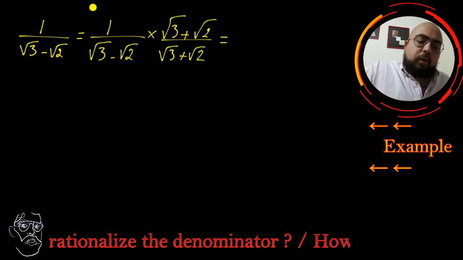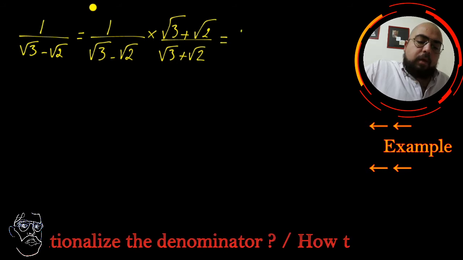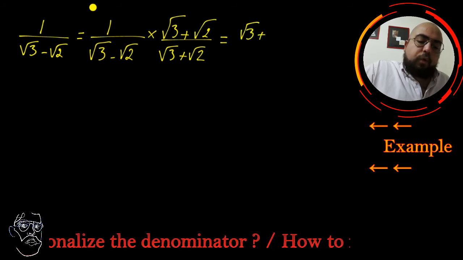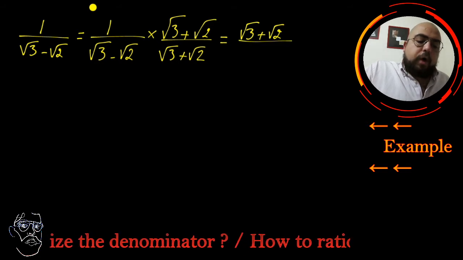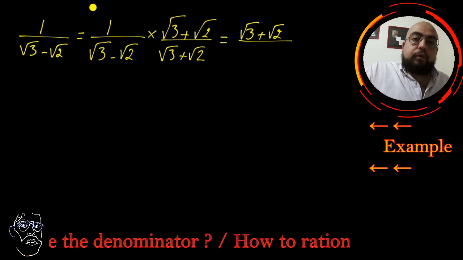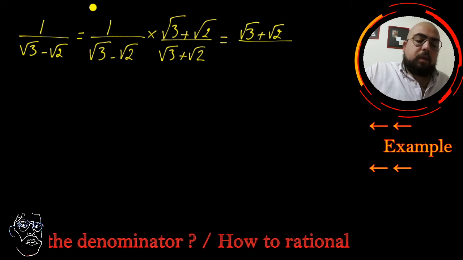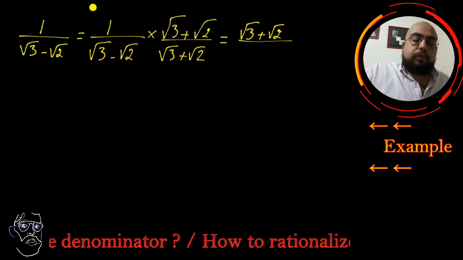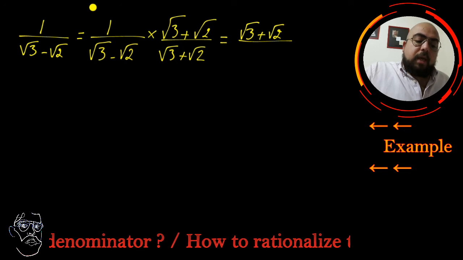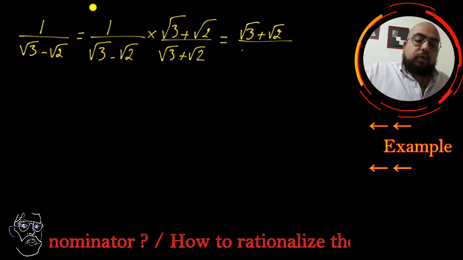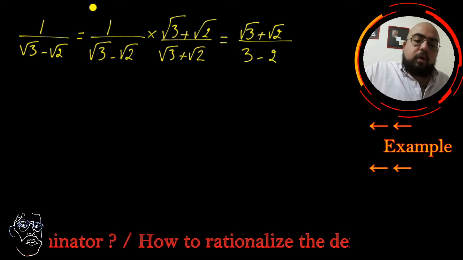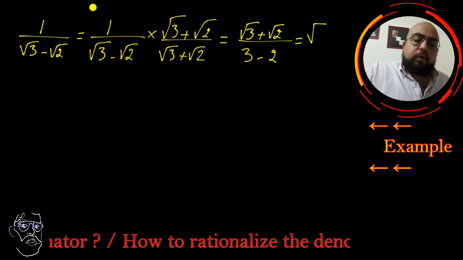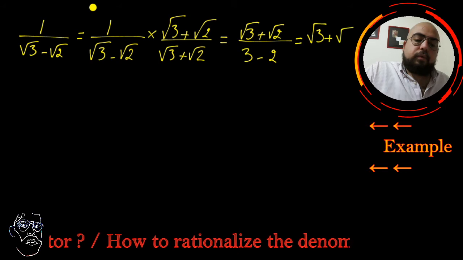At the numerator, I will have square root of 3 plus square root of 2 over square root of 3 minus square root of 2, a minus b, times a plus b, square root of 3 plus square root of 2, is a squared, so it's 3, minus b squared, 2. So the final answer is square root of 3 plus square root of 2.